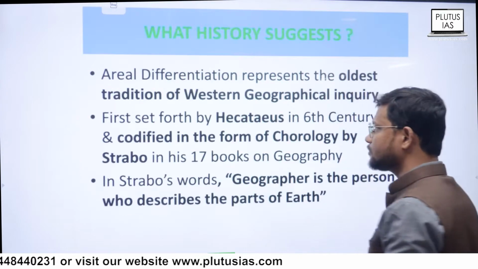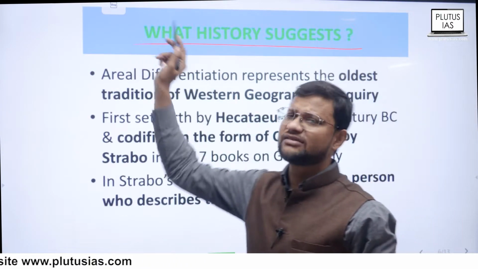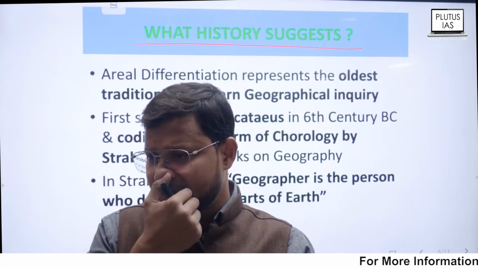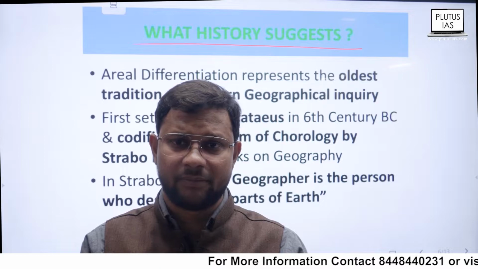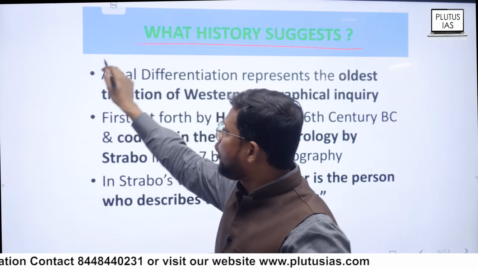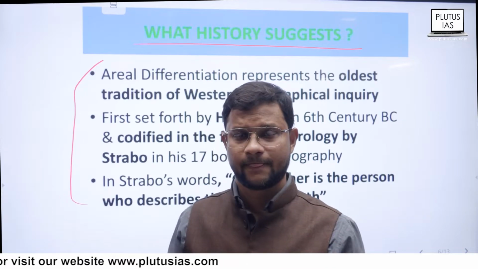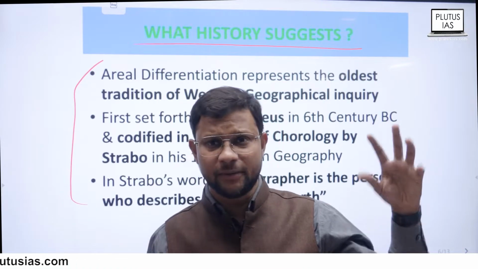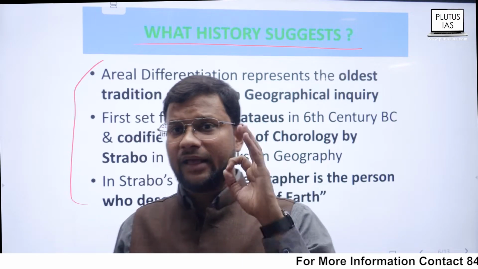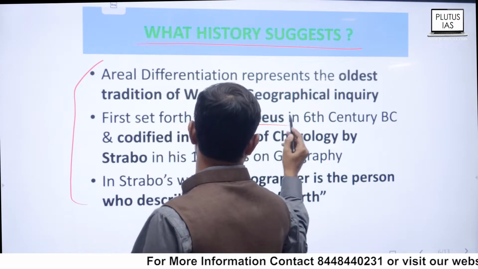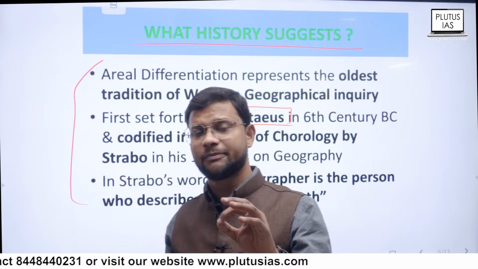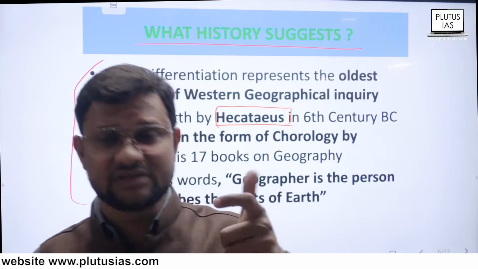Now, what does history suggest? As I told you, this branch is not at a nascent stage of development. It has a very long history of evolution. It was pretty much rooted in Western philosophy. Hecataeus, in the 6th century, categorically mentioned this approach.